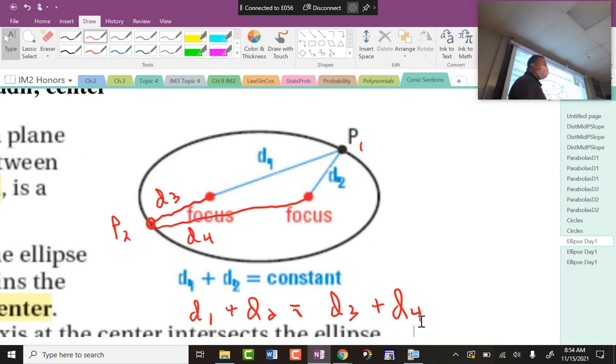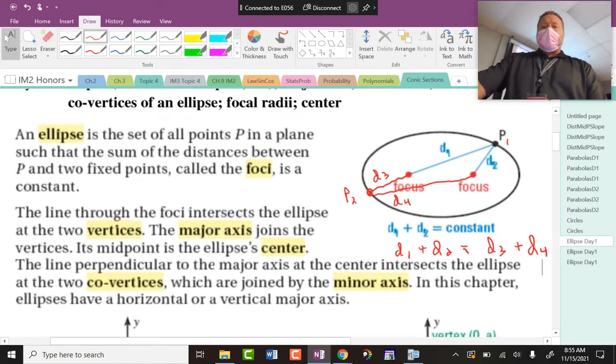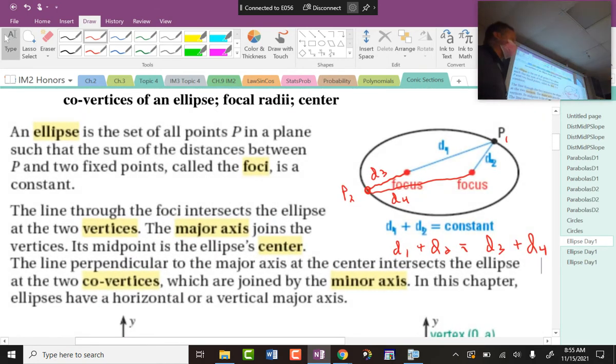So this should make sense now. Why is D1 plus D2 equal to D3 plus D4? The string. The string doesn't change. The string is the string. That's the length of it. And it dictates the pen in the way that I just showed you to make the drawing happen.